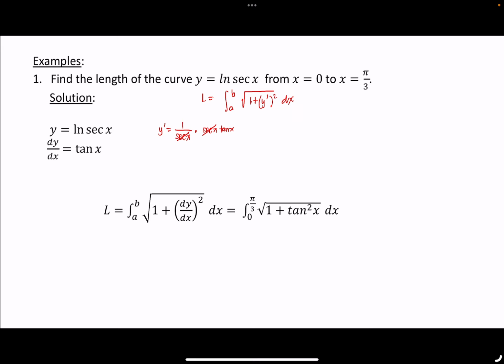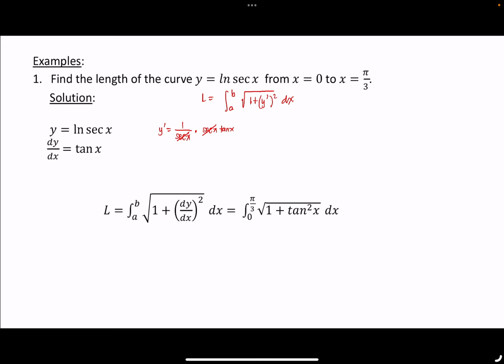We plug that into the formula. So the integral of the square root of 1 plus y prime squared dx from a to b. That would be the integral of the square root of 1 plus tangent squared x dx from 0 to pi over 3.